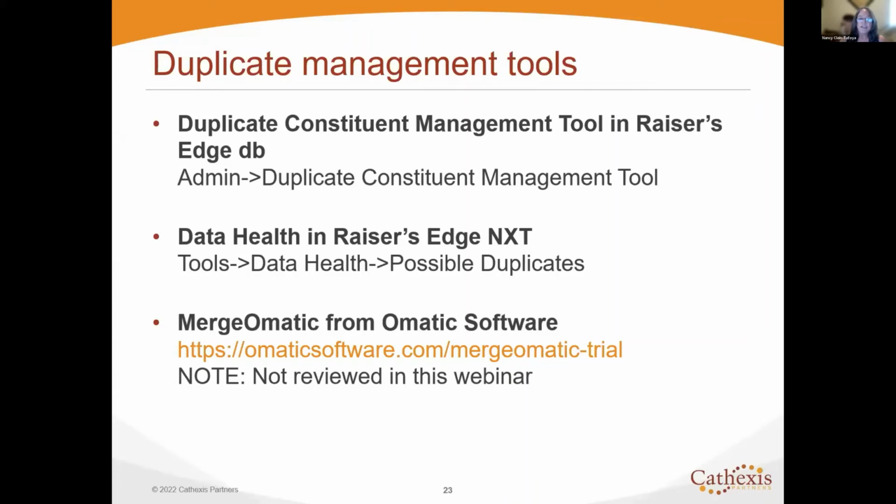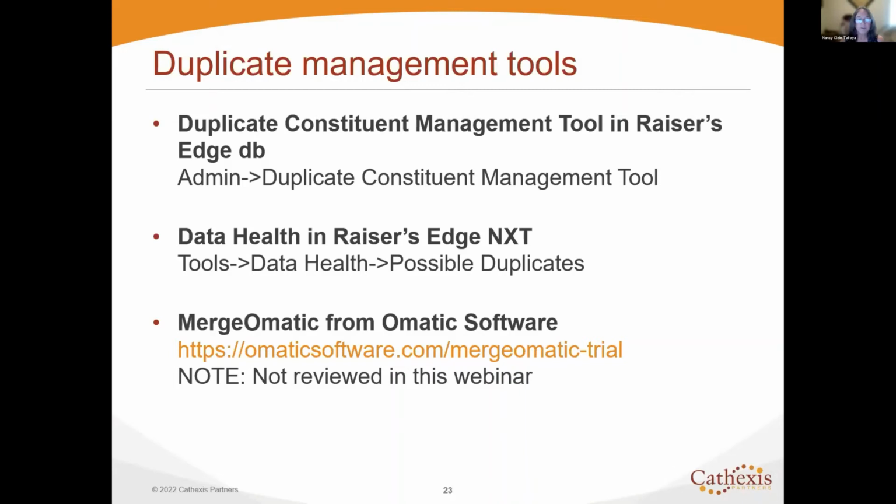And with NXT, under Data Health, Tools, Data Health, you can process duplicates through possible duplicates. Omatic has a wonderful tool called Merge-O-Matic. You can download a trial. We're not reviewing that in this webinar, but it is also a very good tool to use.